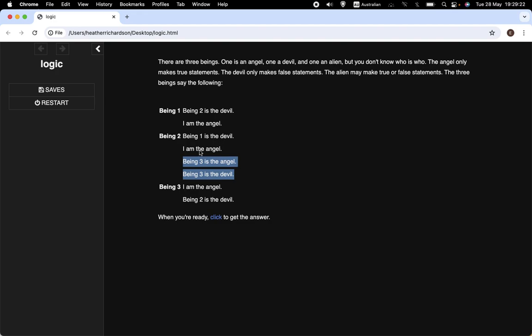Well, that means they must be the alien, because the angel always tells the truth, and so the angel could never say contradictory things. So that means being 2 must be either the devil or the alien. Actually, they could be the devil. Being 2 could be the devil, and being 3 could be the alien.